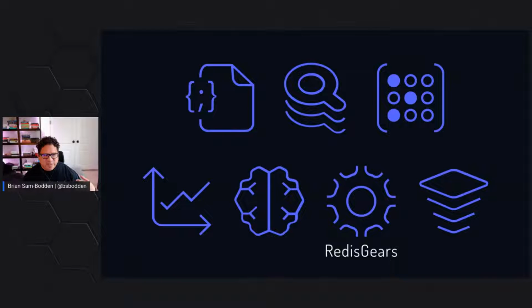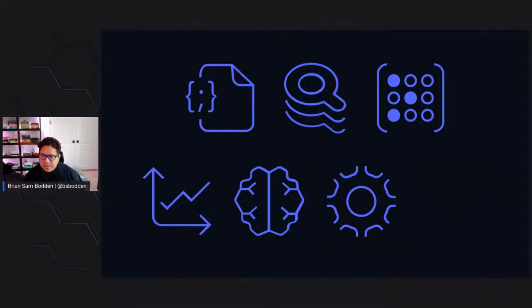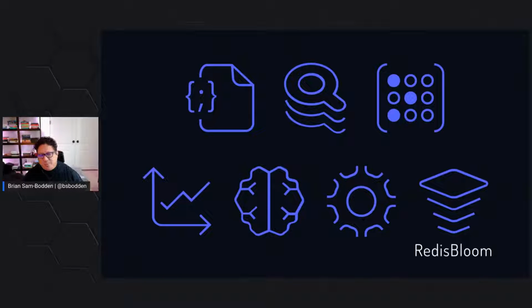Think of much more advanced stored procedures for the data that you have in Redis. So server-side computation. And finally, we have Redis Bloom, which extends that hyperlog with other probabilistic data structures that allow you to do very interesting things when it comes to big data, counting, and estimating.